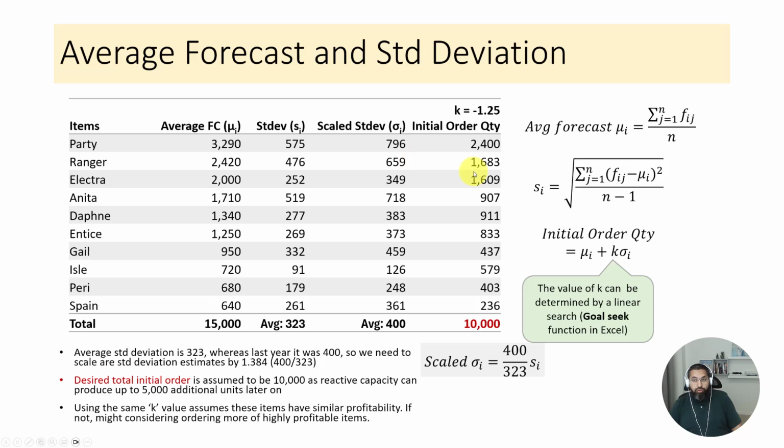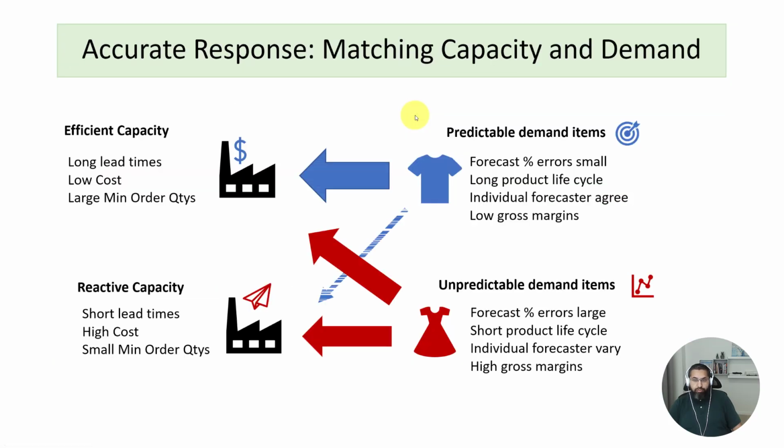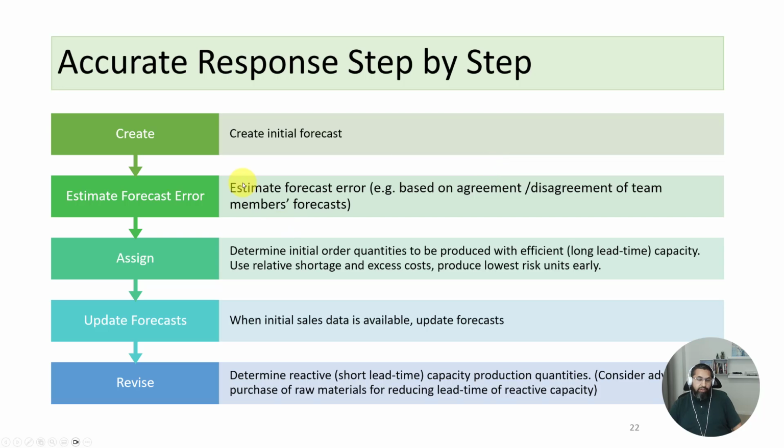But don't worry, I'm going to show you that even without this calculation, just having the main setup of accurate response, like this process in place, even if you use a very basic forecasting method and you don't use complex calculations, just having this process and the opportunity of a second order with updated forecast gets you most of the benefit.